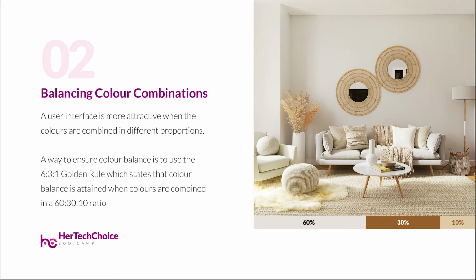A way to ensure color balance is to use the 60-30-10 golden rule, which states that balance is attained when colors are combined in a 60-30-10 ratio. For example, here the gray has 60% of the picture, then the deep brown has 30%, then the light brown has 10%.